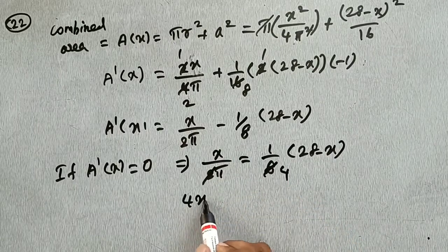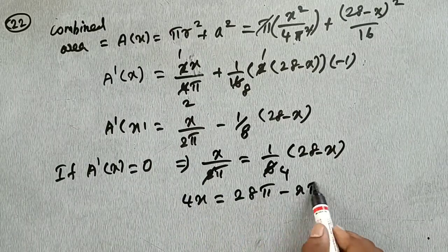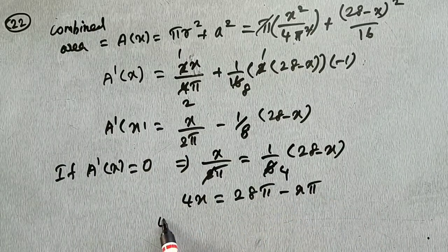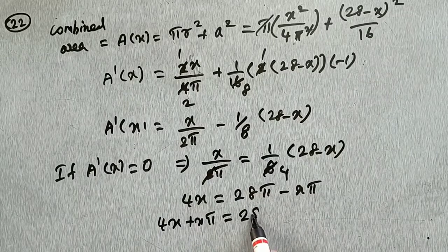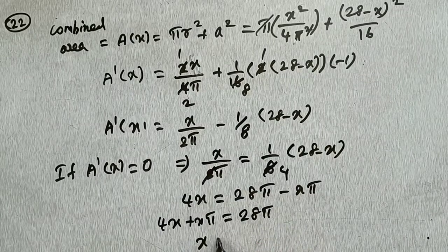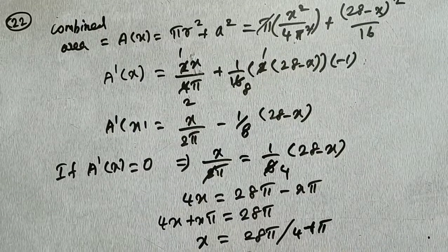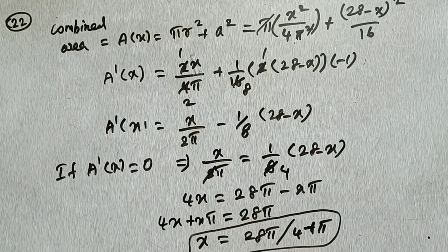So we will get 4x equal to 28 pi minus x pi. The minus x pi will come to this side. It will be 4x plus x pi equal to 28 pi. So what is the value of x? x equal to 28 pi divided by 4 plus pi. This is the value of x. So the x value is nothing but the critical point. Critical point I found now.